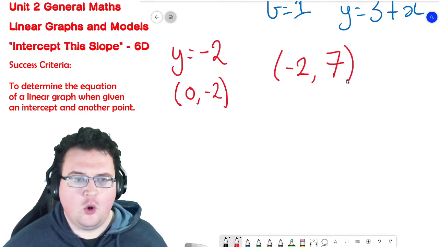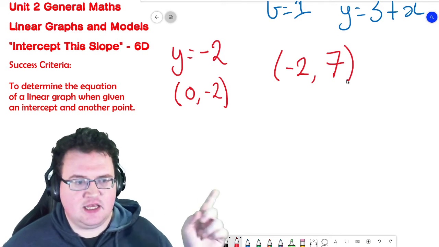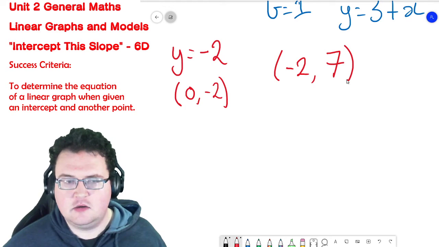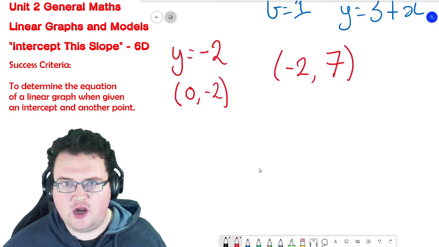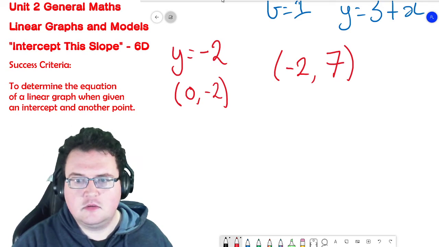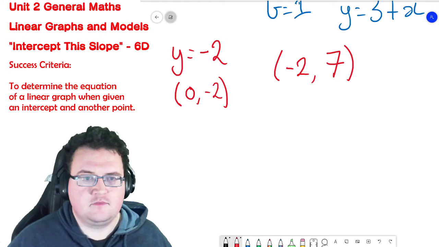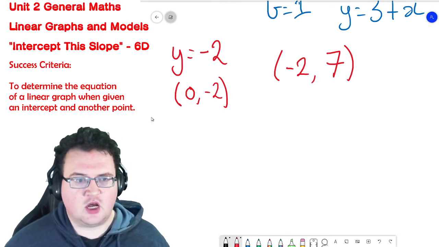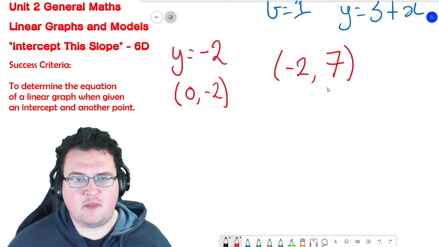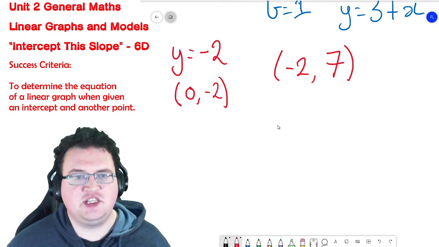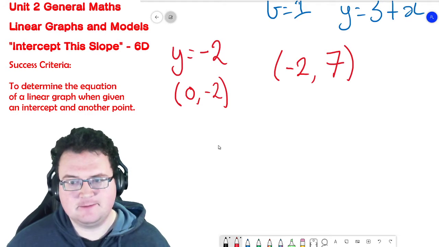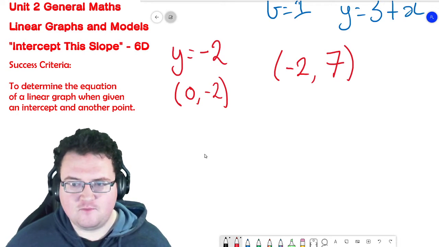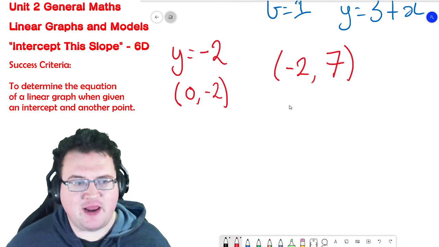Which of these points is on the left or the right? I have 2 points here, 0, -2 and -2, 7. Which one is on the right? When I say left and right, I don't mean literally on my screen.